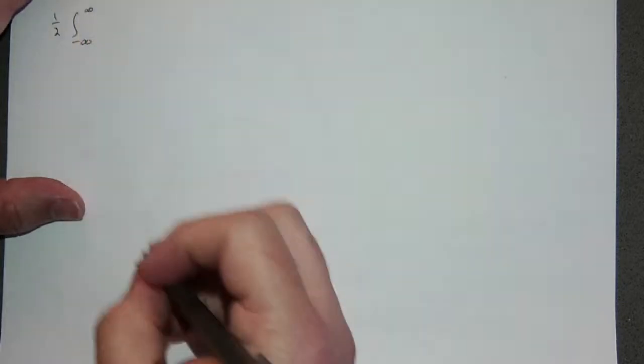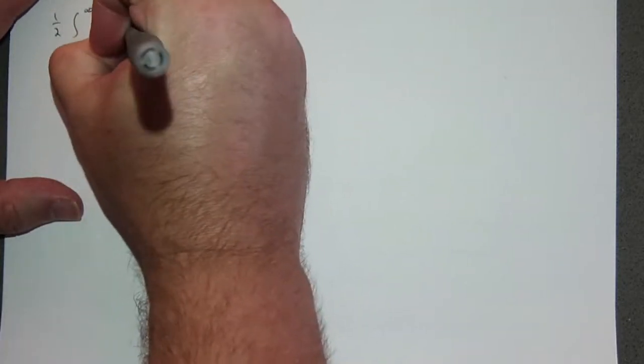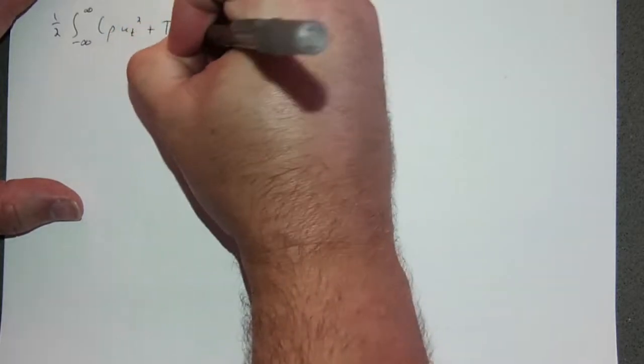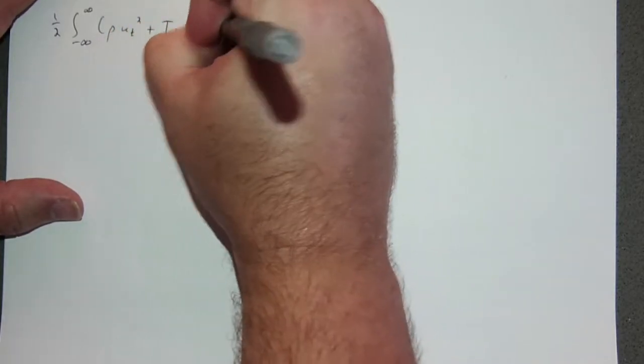So E of t being identically 0, recall, maybe I should just write it on the same page. This is saying that one half times the integral from minus infinity to infinity of rho u sub t squared plus tau u sub x squared dx.